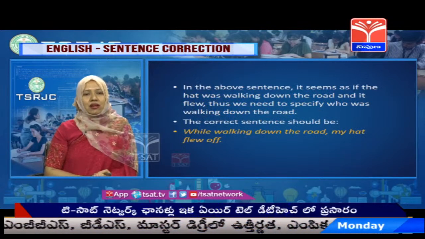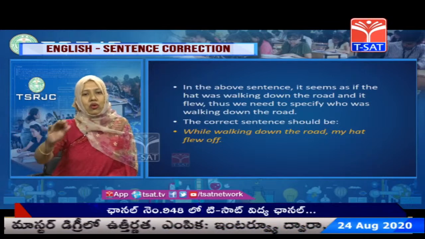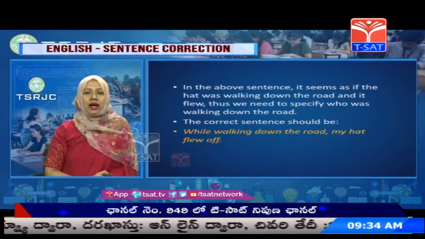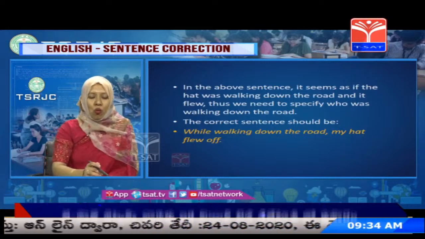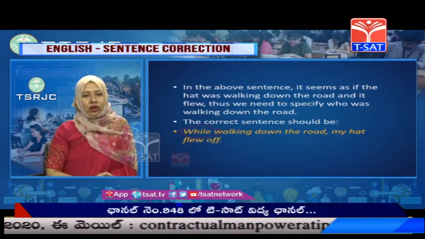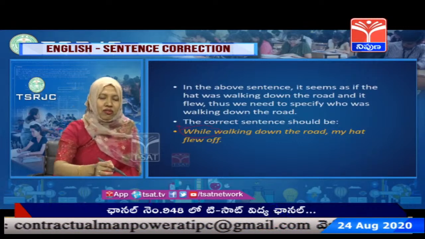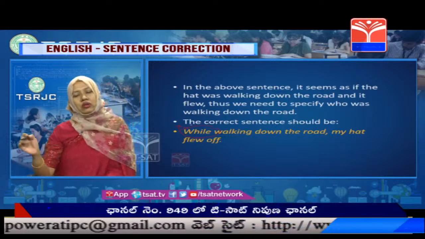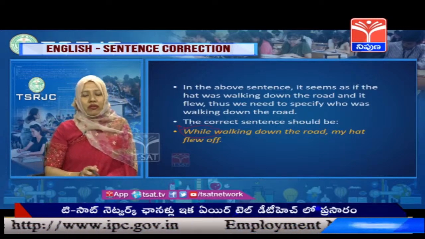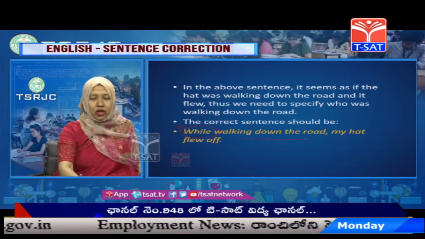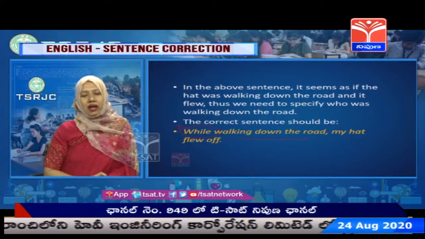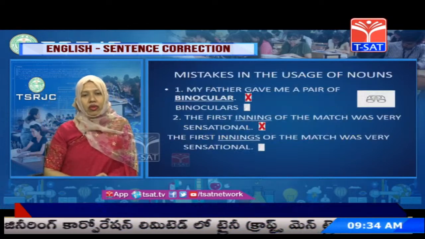We think that the hat was walking down the road and it flew away, which is wrong. The correct sentence should be: while walking down the road, my hat flew off. So, here without using the word while, it gives the same meaning. But you have to understand, here somebody is walking, you are walking down the road, and while walking, due to wind, the hat flew off.